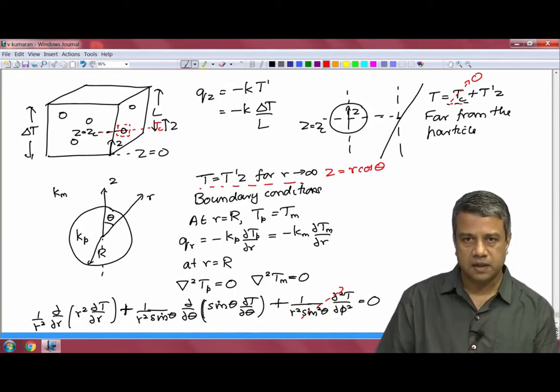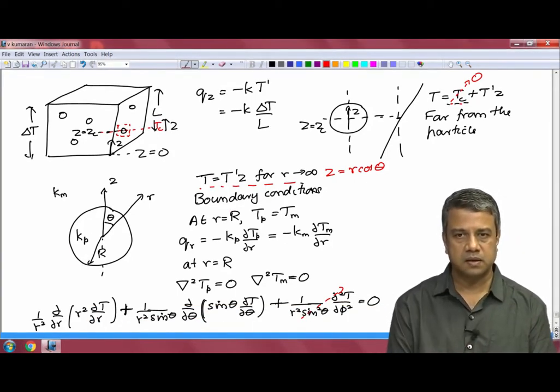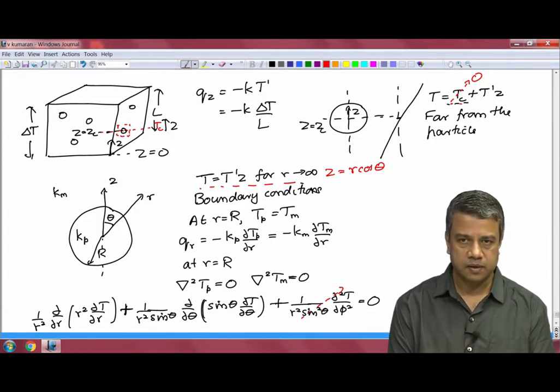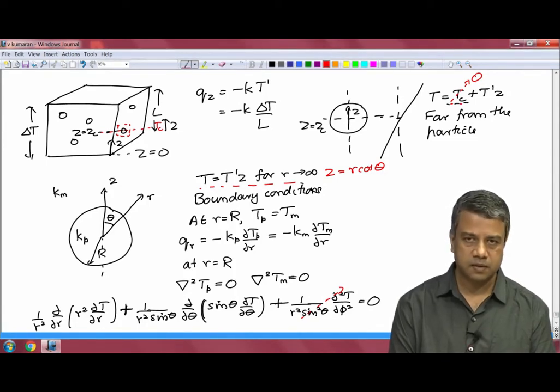So, therefore, each particle can be considered to be placed in a temperature field which is a linear function of the z coordinate far from the particle, where the z coordinate is the direction of variation of the temperature.